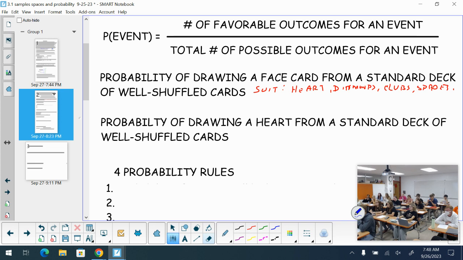Then we have denominations in each suit. We have 4 suits: diamonds, hearts, spades, and clubs. In each one of these suits, we have denominations. We have an ace, 2, 3, 4, 5, 6, 7, 8, 9, 10.